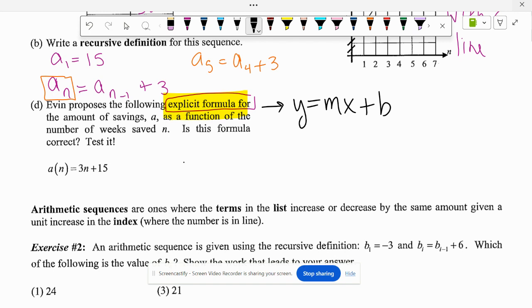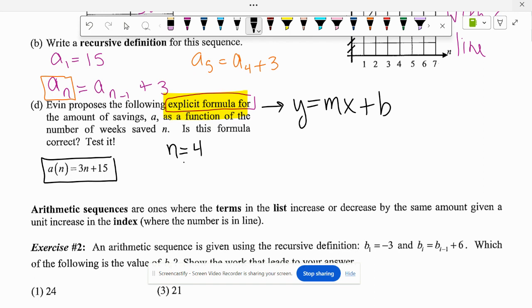So she's saying that her explicit formula, a sub n equals 3n plus 15, stands for however many weeks she saves. So let's figure out what happens if she saves for 4 weeks, because that's a value in our table.